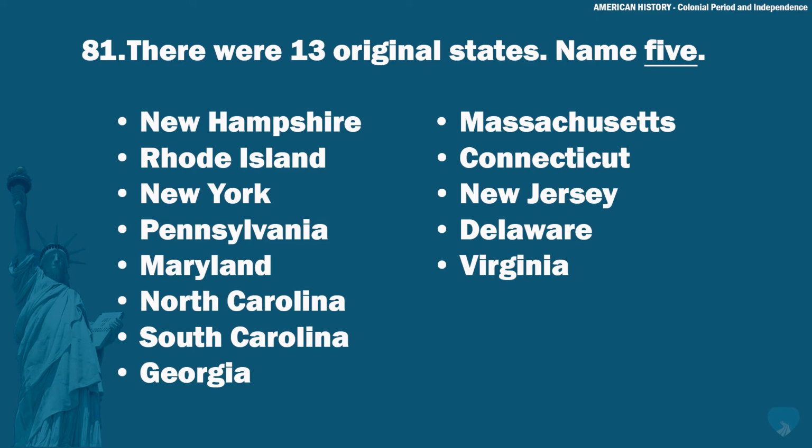Question 81. There were 13 original states. Name 5. New Hampshire. Massachusetts. Rhode Island. Connecticut. New York.